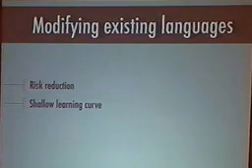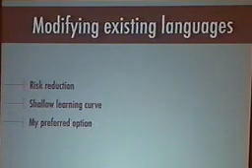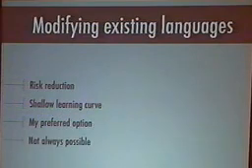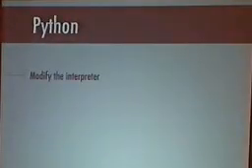There's a nice shallow learning curve because people already know how to use that language. In general, that's what I would like to do. But it's not always possible. You have to have a language that at least vaguely admits the possibility of having capabilities put in it.